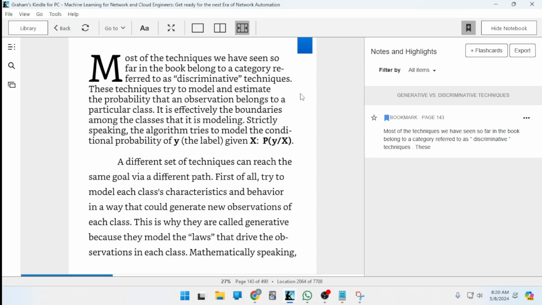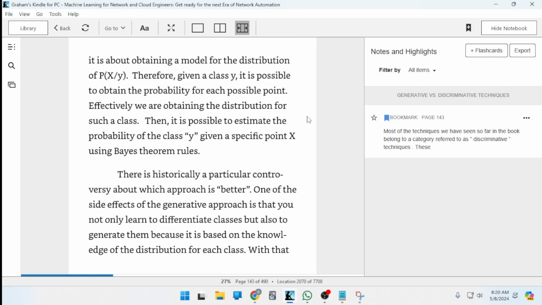A different set of techniques can reach the same goal via a different path. First of all, try to model each class's characteristics and behavior in a way that could generate new observations of each class. This is why they are called generative, because they model the laws that drive the observations in each class.